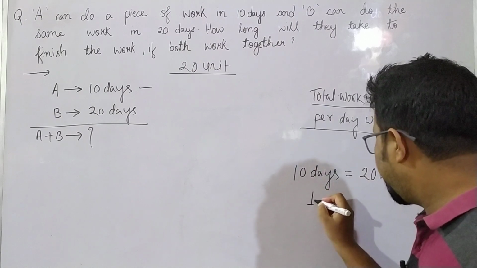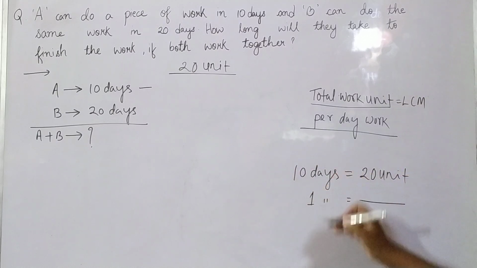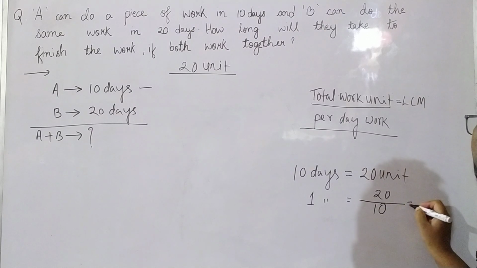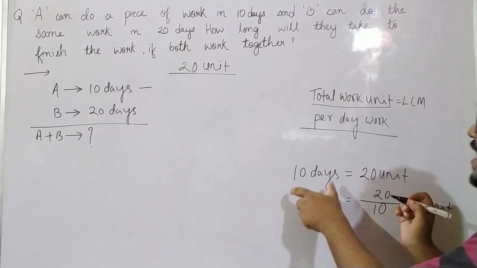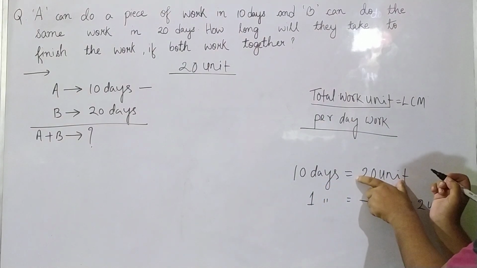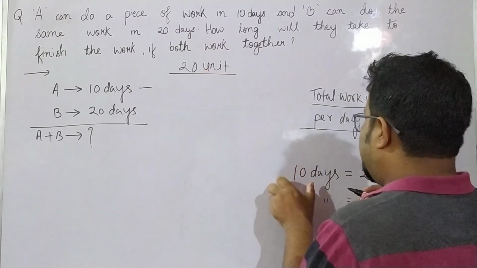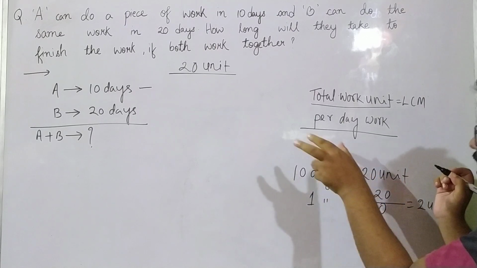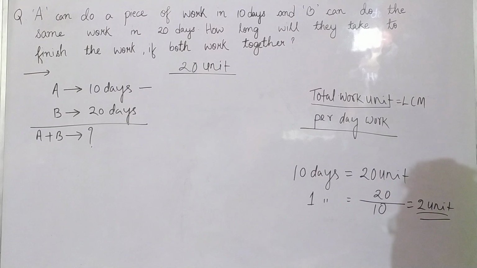In 1 day A has to do 20 by 10 units, ultimately 2 units. In 10 days A does 20 units. In 1 day A has to do how much? 2 units. 20 by 10.